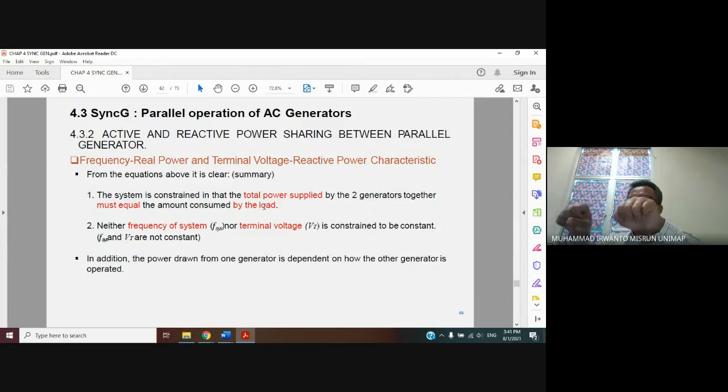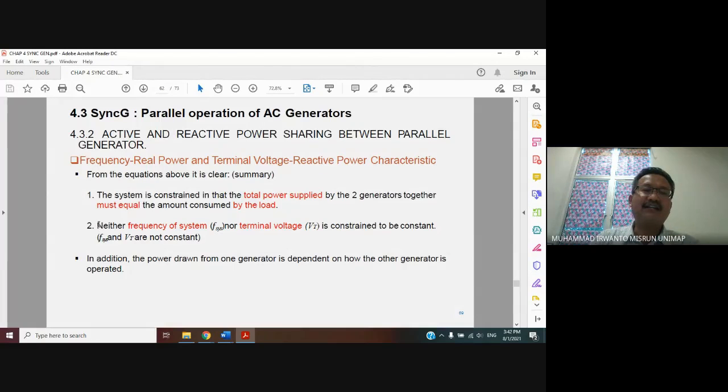Meaning if we have two generators serving one load, the total active or reactive power is equal to the summation of generator 1 and generator 2, because the current of generator 1 plus the current of generator 2 is equal to the current of the load.